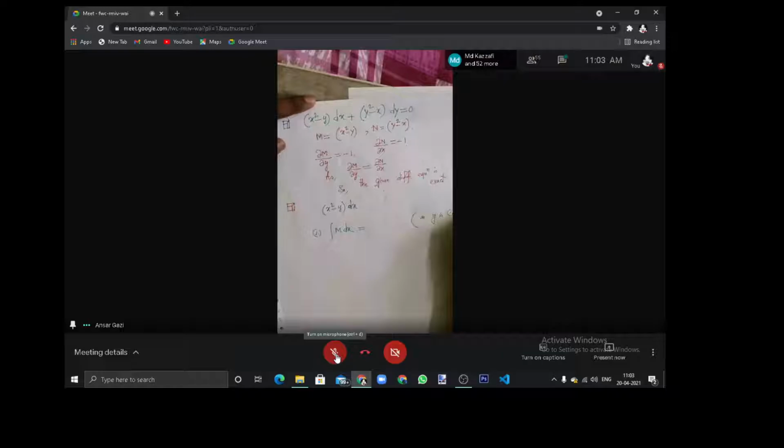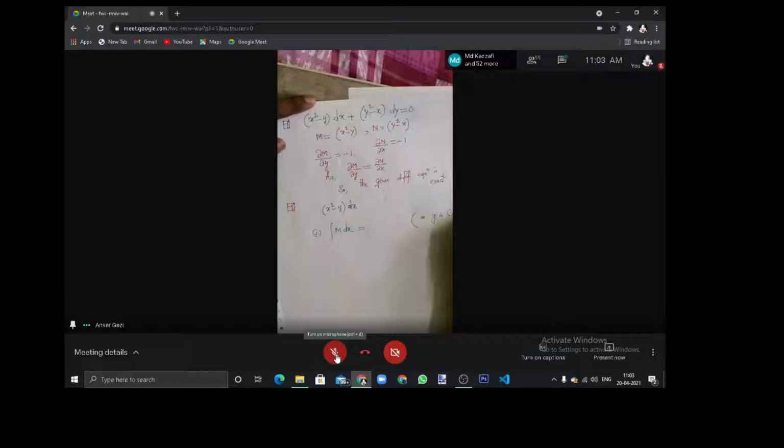Okay, is it clear? Treat y as constant. This integration is clear? Yes, sir. x square dx gives x cube by 3. Y is constant here, so minus y into dx means x.